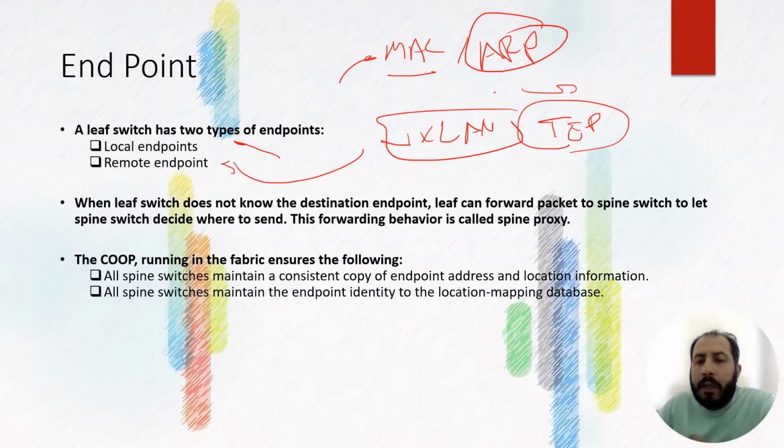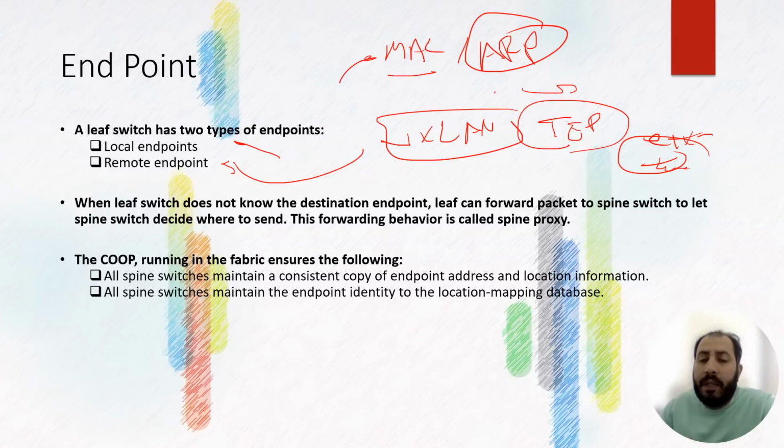Okay, and it will be visible in my output when I type show endpoint. Okay, that is not connected to a directly attached interface. It will be connected via a tunnel. Okay, so this is how the leaf learns about the endpoint, either local or remote endpoint.